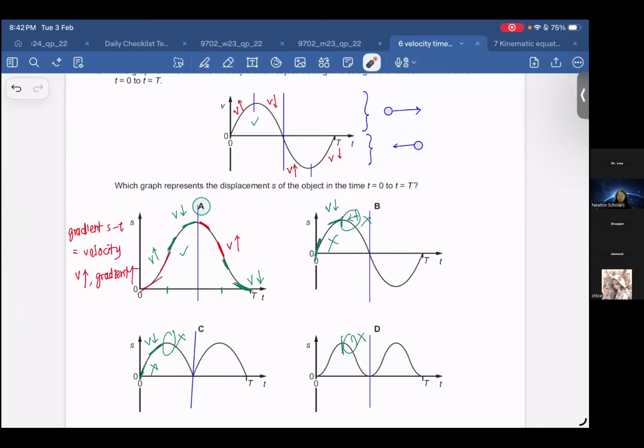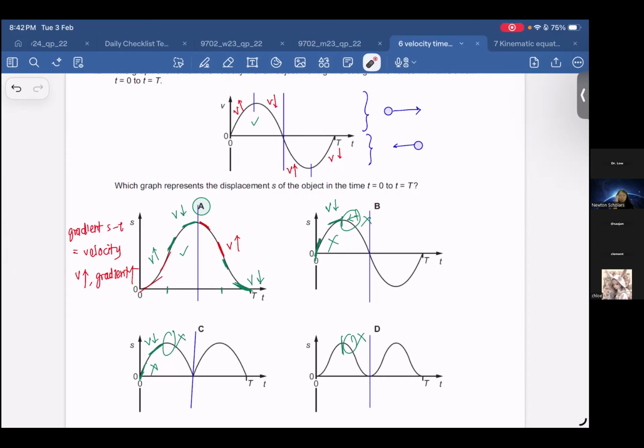Actually for B, C, D, from this we can already cancel the answers because they haven't changed direction at the right time. They start to change direction after the first section. We divided into 4 sections, and they only change direction after the first 2 sections. The only answer that can fulfill this is A.